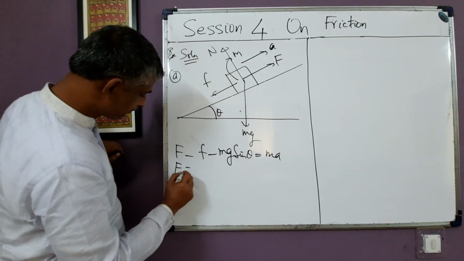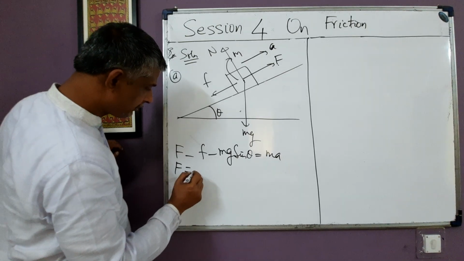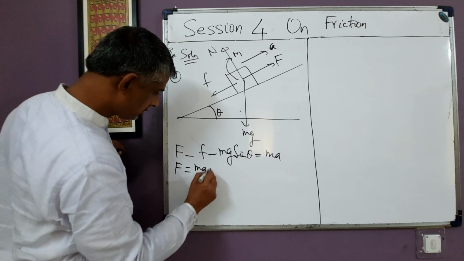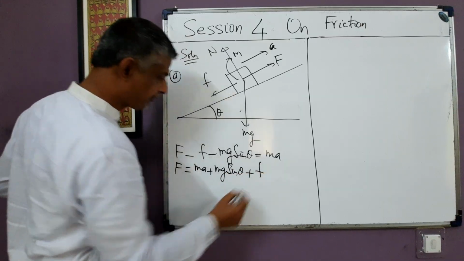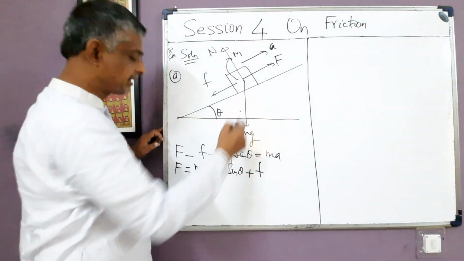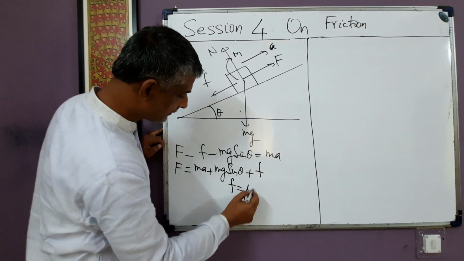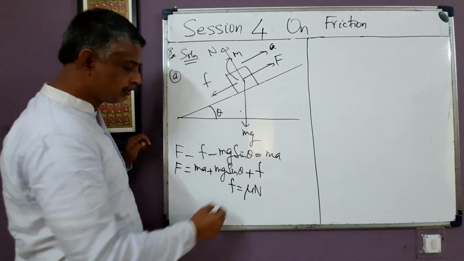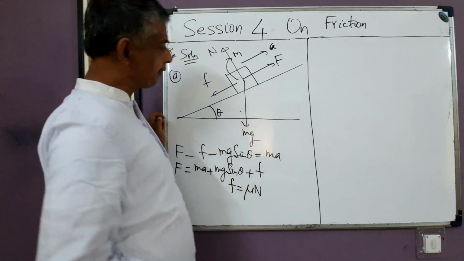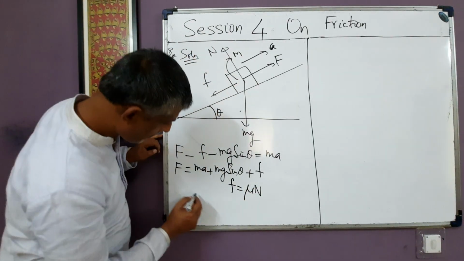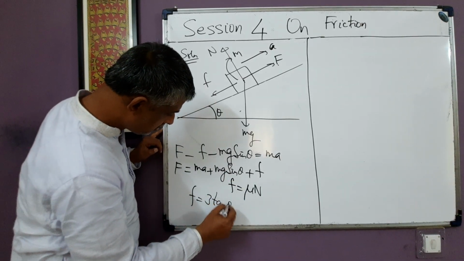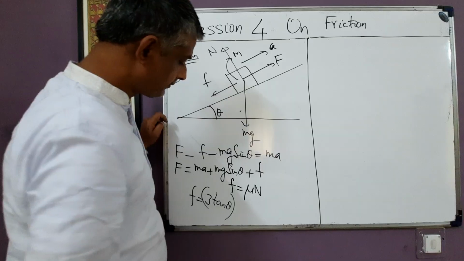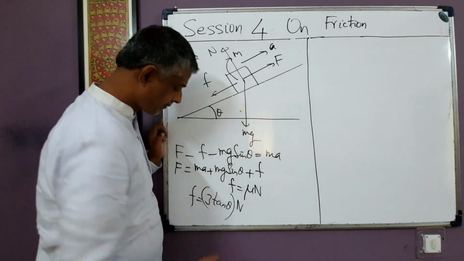Now F becomes ma plus mg sin theta plus f. Now here slipping is taking place, so f becomes mu N. Mu is the kinetic friction coefficient between the block and the incline. Now mu is how much? 3 tan theta into N.